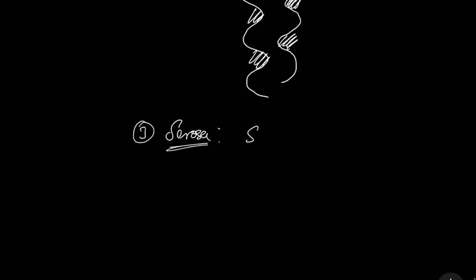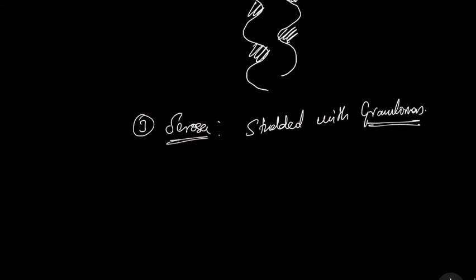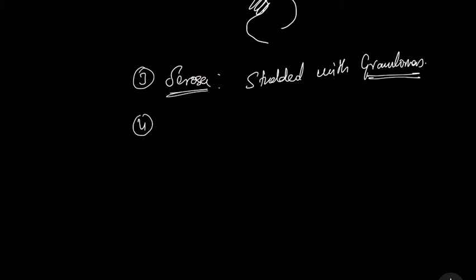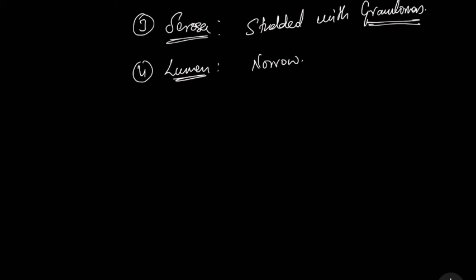Now let's come to the serosa. What did we see here? It was studded with granulomas. Now what did we see in your lumen? The affected lumen segment is narrowed. Then what was the next point that we read?